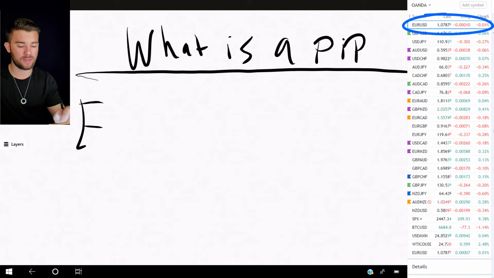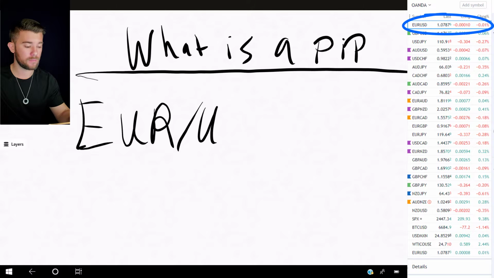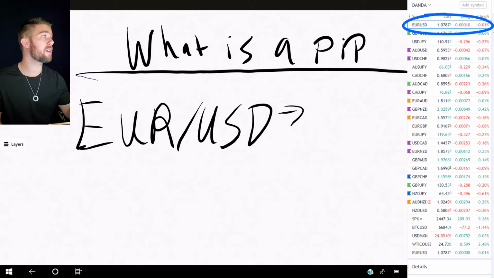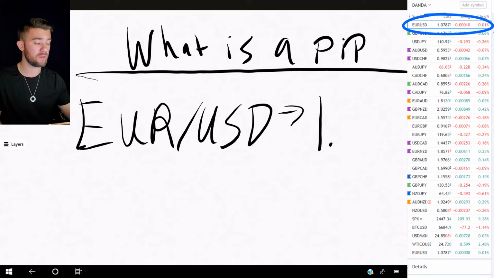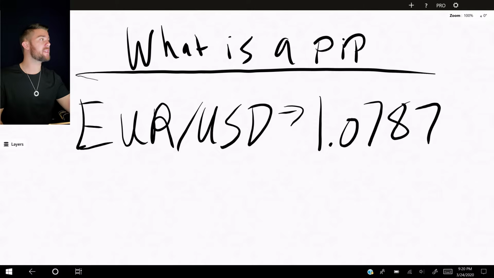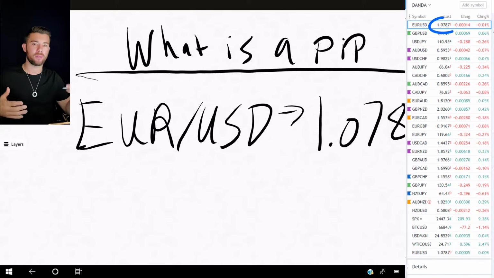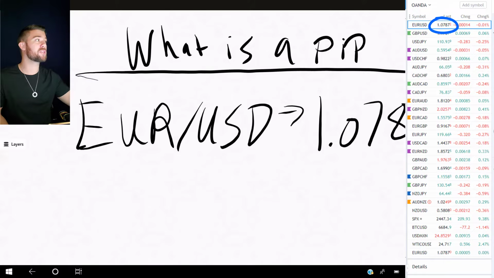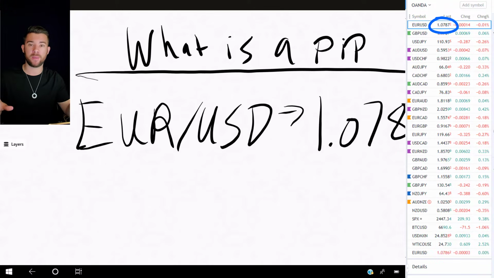We have the euro dollar at a price of 1.0787. And you can see on that currency as well that there is a smaller number as a fifth decimal, a smaller number that's 2 right now in red. That's a fractional pip. We're not going to worry about those at all.